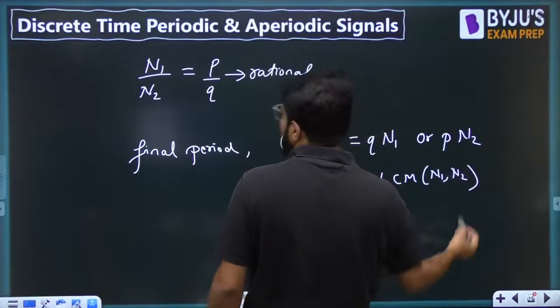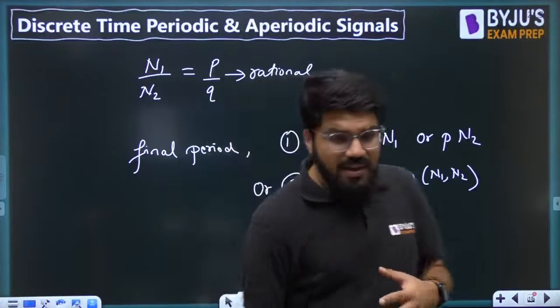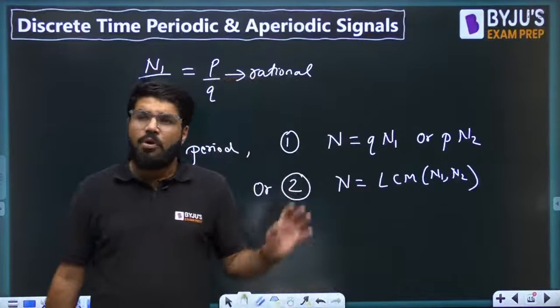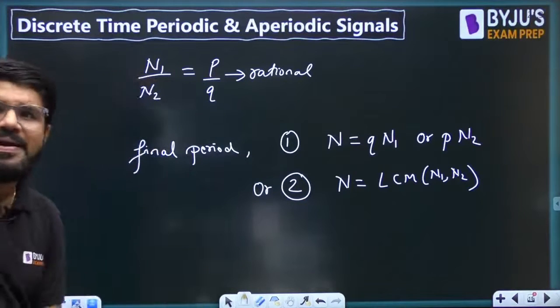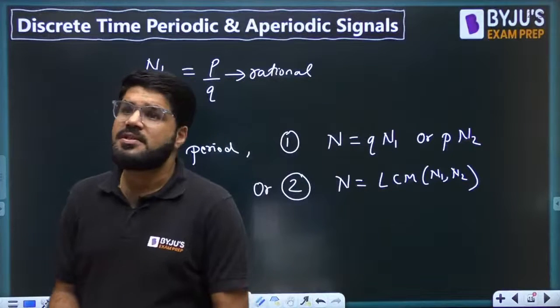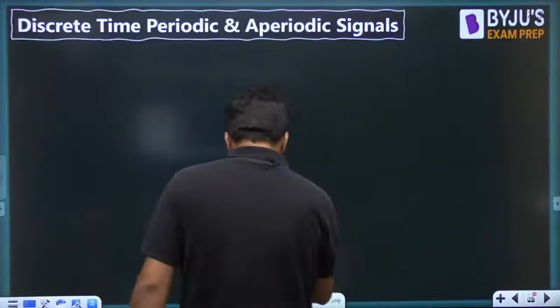Why we take LCM, I explained yesterday. Today let us focus on the differences in the approach of DT and CT, and whatever was derived and explained yesterday we do not repeat. So it can also be written as the LCM of n1 and n2, as we discussed yesterday. Clear?